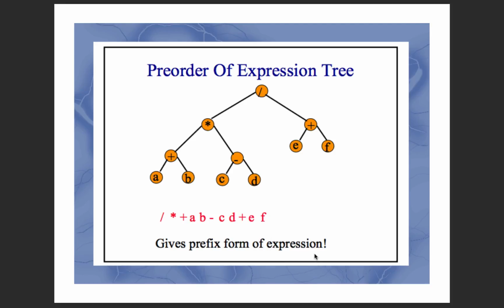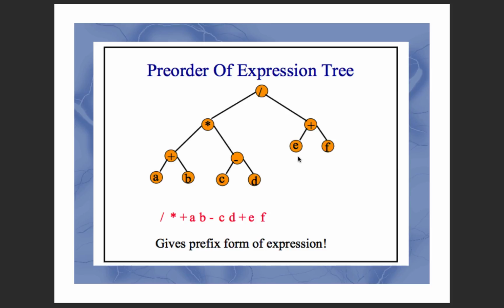We have discussed in a few classes before what prefix, infix, and postfix are. This is a binary expression. We can print our prefix expression. This is an infix expression that was represented in a binary tree.